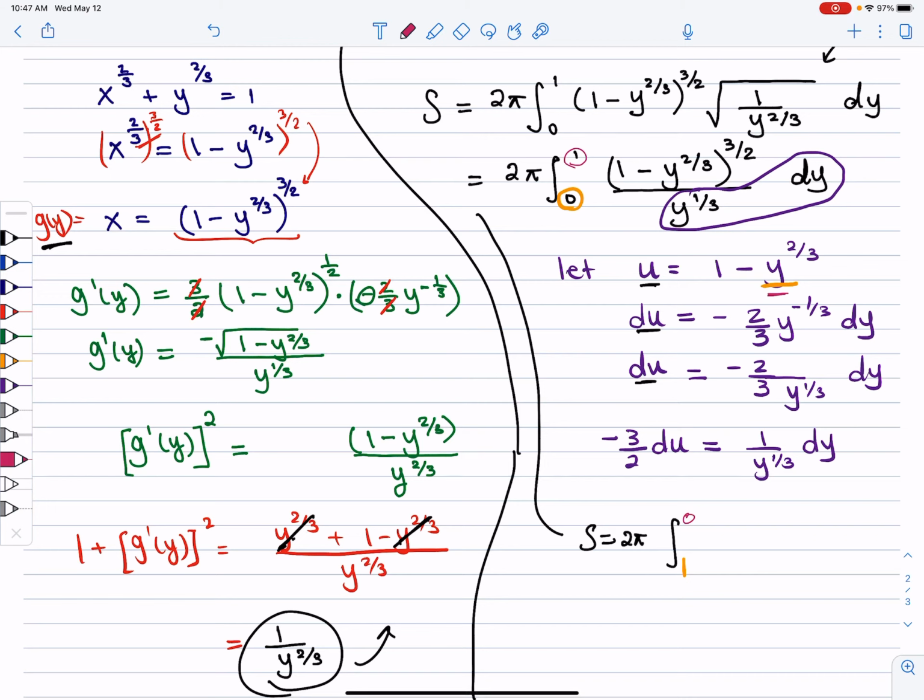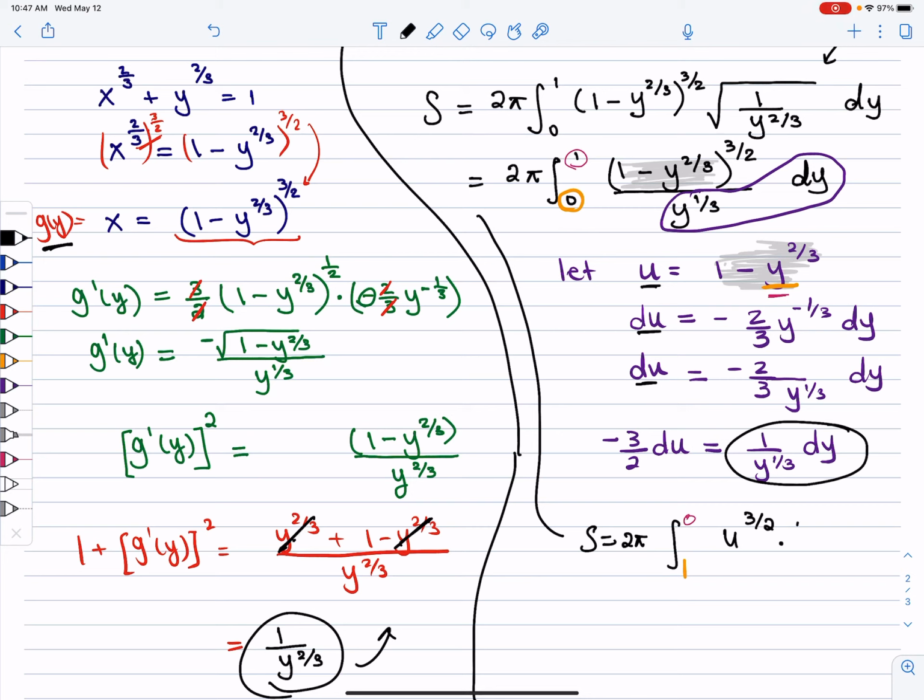So we have 2 pi, the integral from 1 to 0 of, let's see here, 1 minus y to the 2 over 3 is equal to u. So this is going to be u to the 3 over 2, times negative 3 over 2 du.